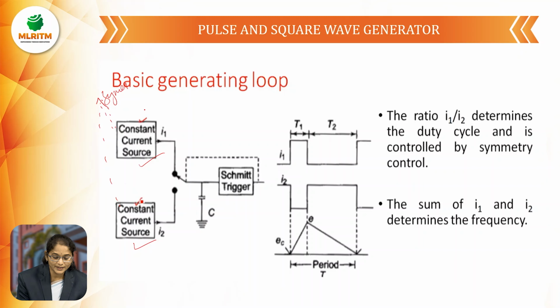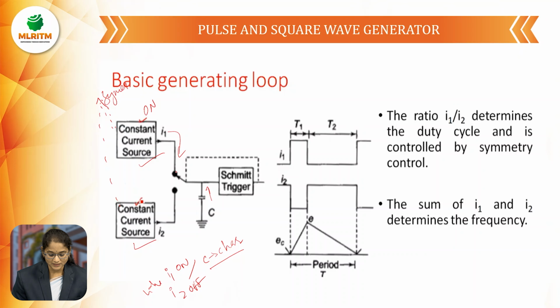Whenever I1 is in the on state, current flows through the capacitor and the capacitor charges. When I2 is off, the capacitor keeps charging.